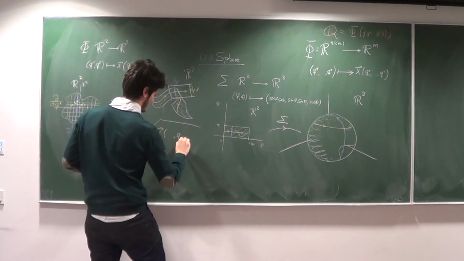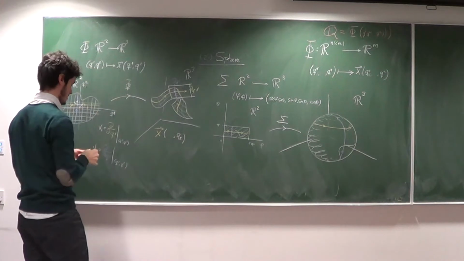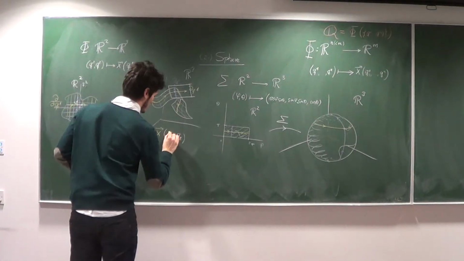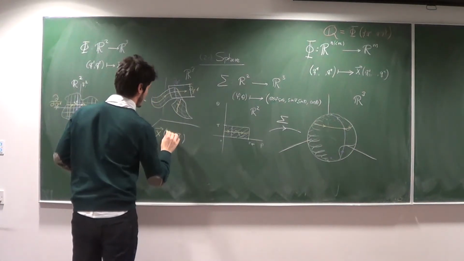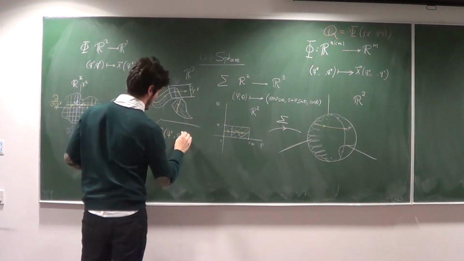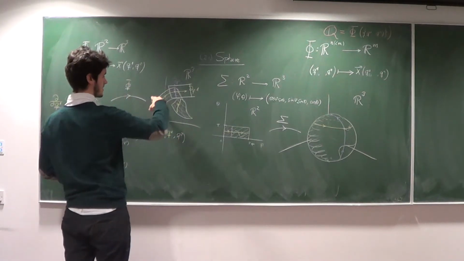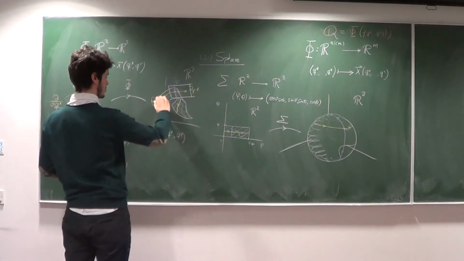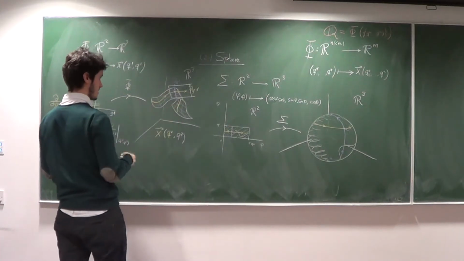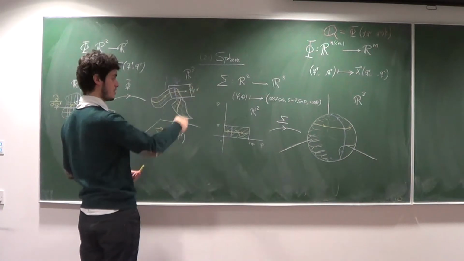Q2 is fixed, trace this line, and then Q1 varies. So Q2 is fixed, Q1 varies, and so x varies. So this is the position x along this curve, and so what is the tangent vector to that curve at a certain point?